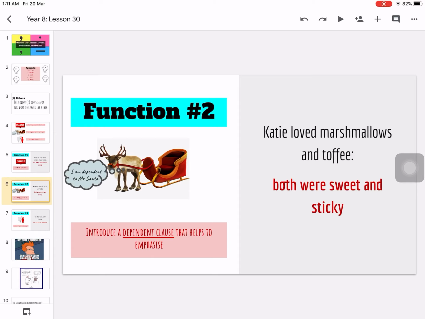If you explain to people, Katie loved marshmallows and toffee, both were sweet and sticky, probably people understand that marshmallows and toffee are both sweet and sticky. But if you take it out of the context by saying both were sweet and sticky, can you even understand what it means? So a dependent clause can be added to an independent clause by putting a colon in between.